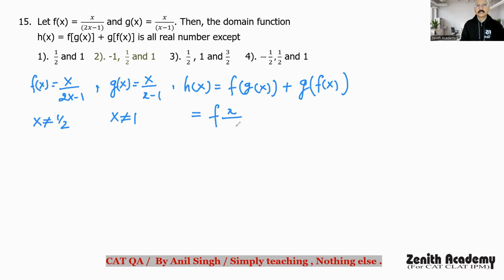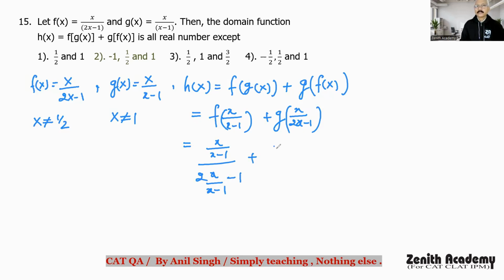So here f of g(x) is x by x minus 1 upon twice x upon x minus 1 minus 1.